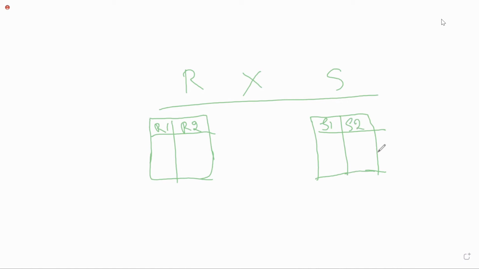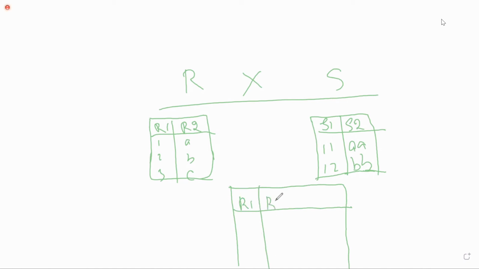If we perform the cross product between these two, we'll take three records in R: 1, 2, 3 and A, B, C, and two records in S. I will get the output table with four attributes.